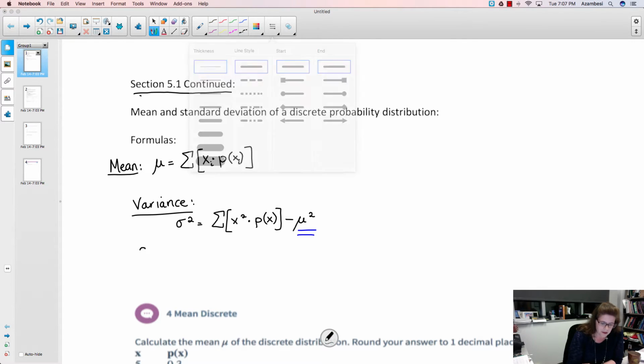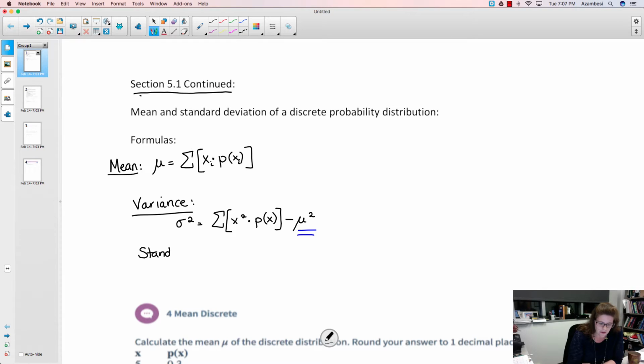And remember that standard deviation is always the square root of the variance.